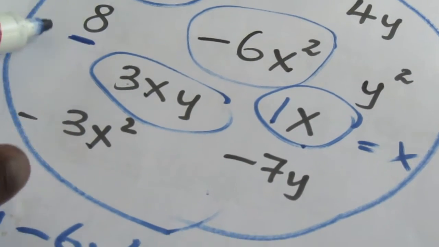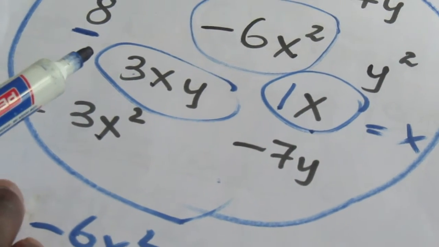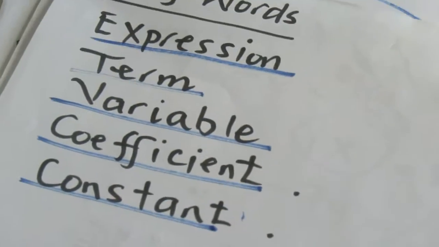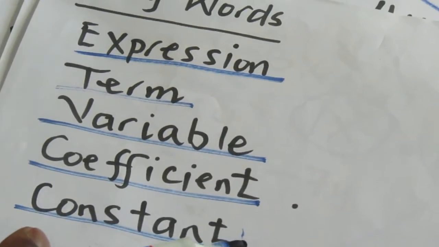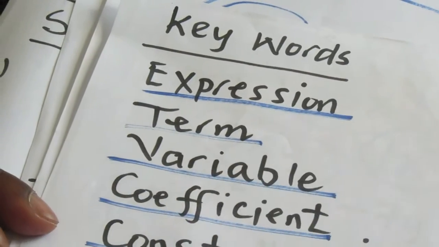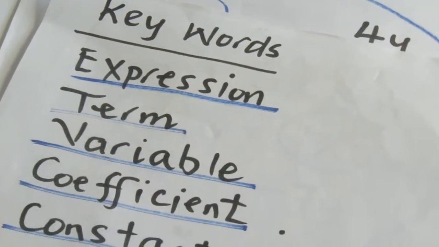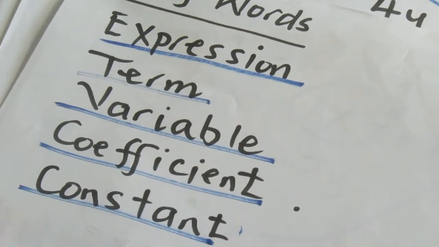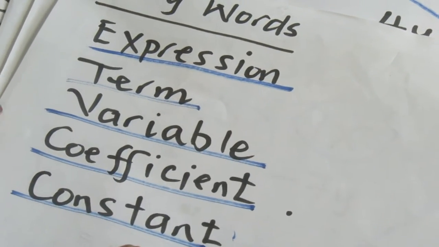This is what we call a constant. So these key terms must be mastered before we proceed with the module of algebra. One must be able to state what an expression is, what a term is, what a variable is, what a coefficient is, and what a constant is.